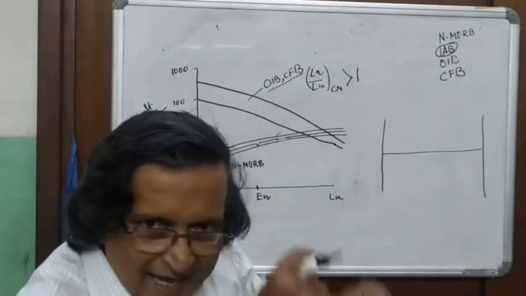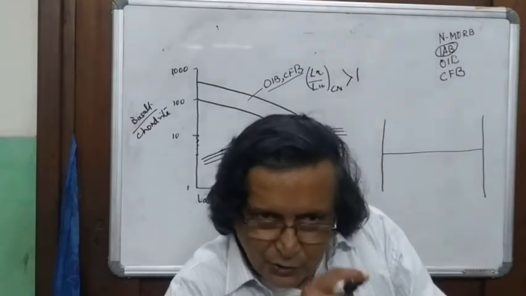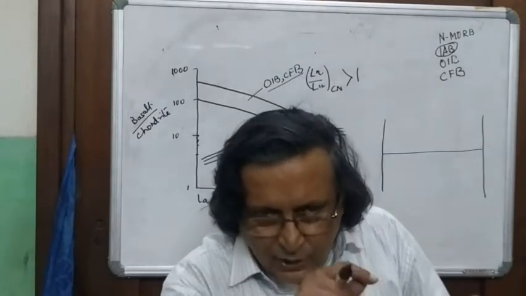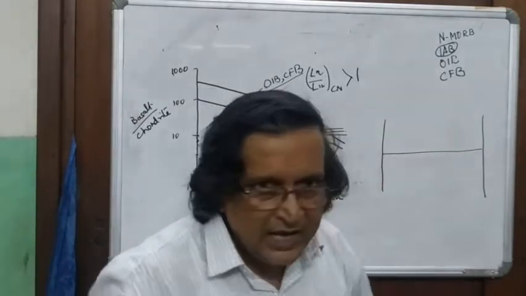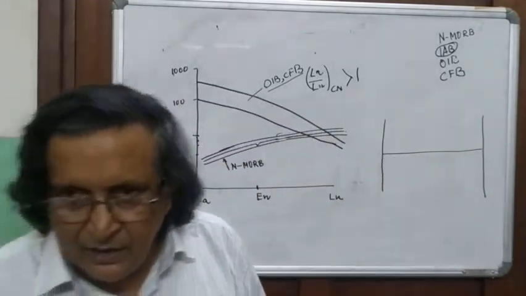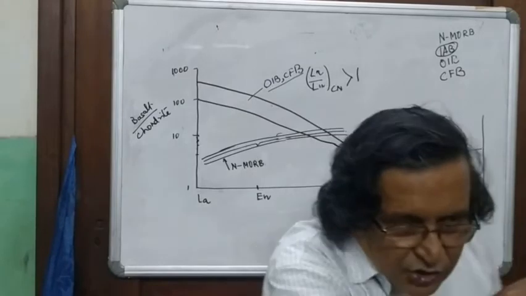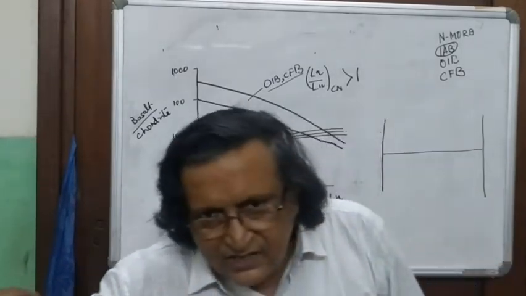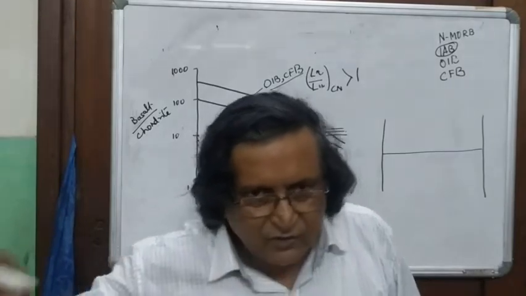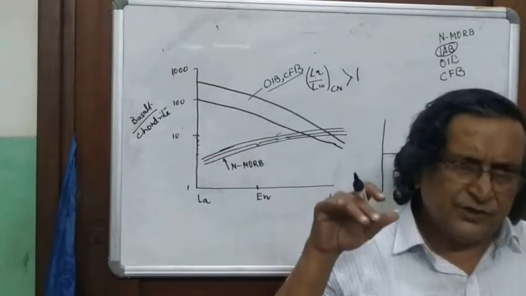I took La twice chondrite, Lu twice chondrite, La by Lu chondrite normalized equal to 1. That means I always took the rock as having chondrite normalized concentrations that are one and the same across the whole spectrum of the rare earths.